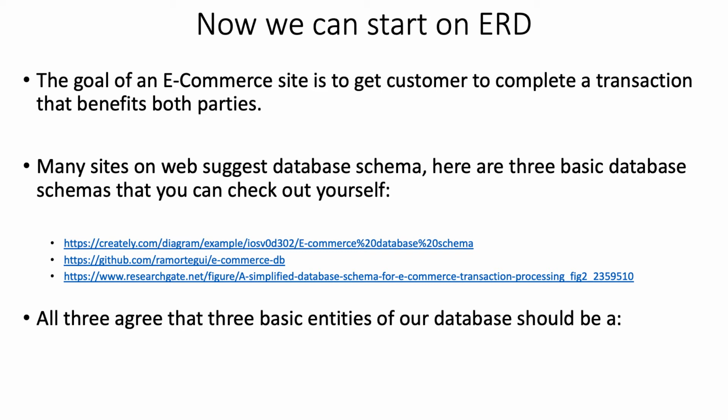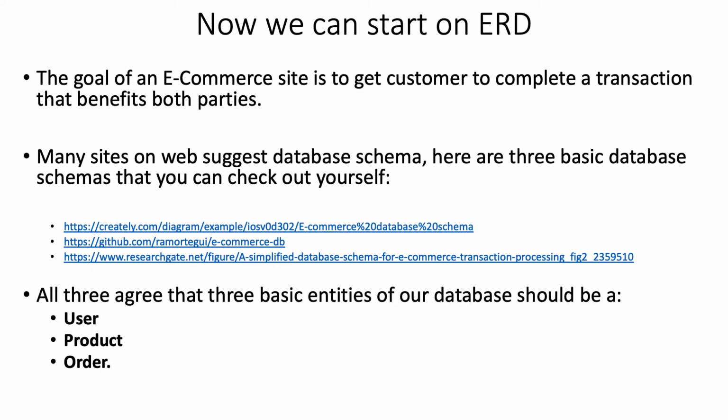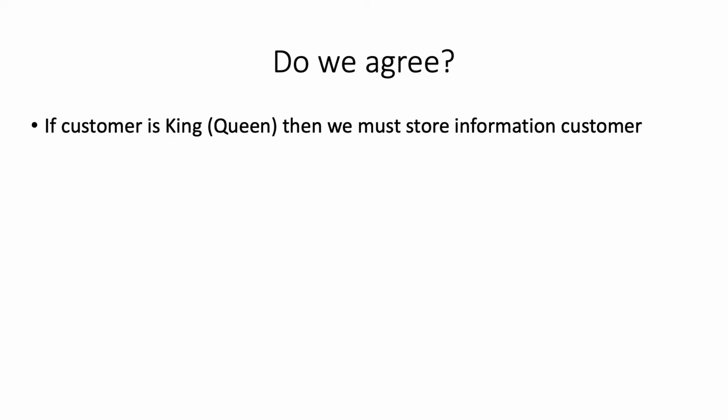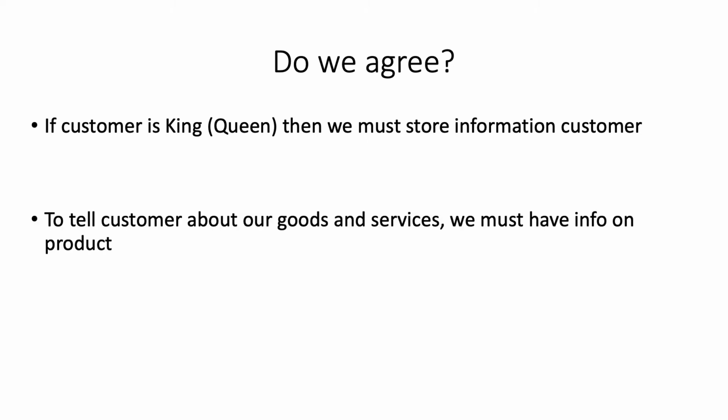All 3 agree that there are 3 basic entities that the database should have, though. They all agree that you're going to need to track users, you're going to need to track products, and you're going to need to track orders. Okay, but the question is, do we agree? If a customer is king or queen, then I think we've agreed that we've got to store customer information.